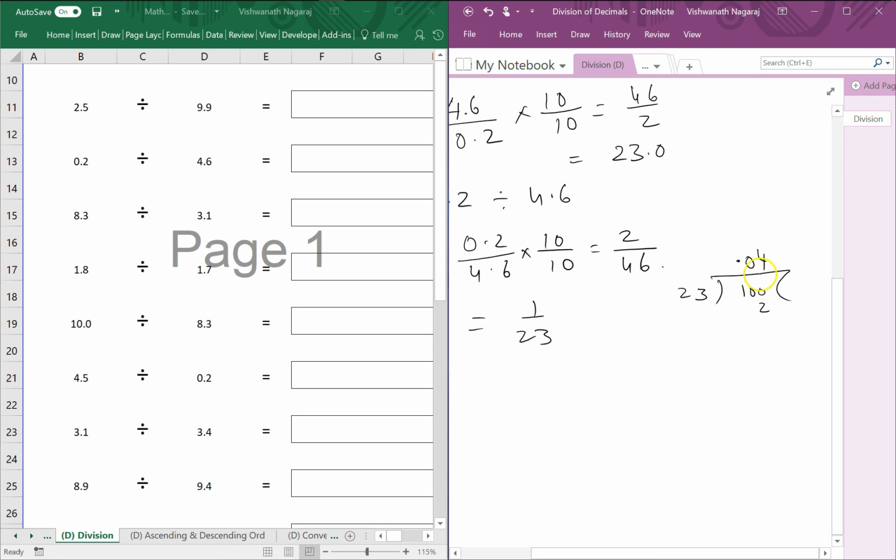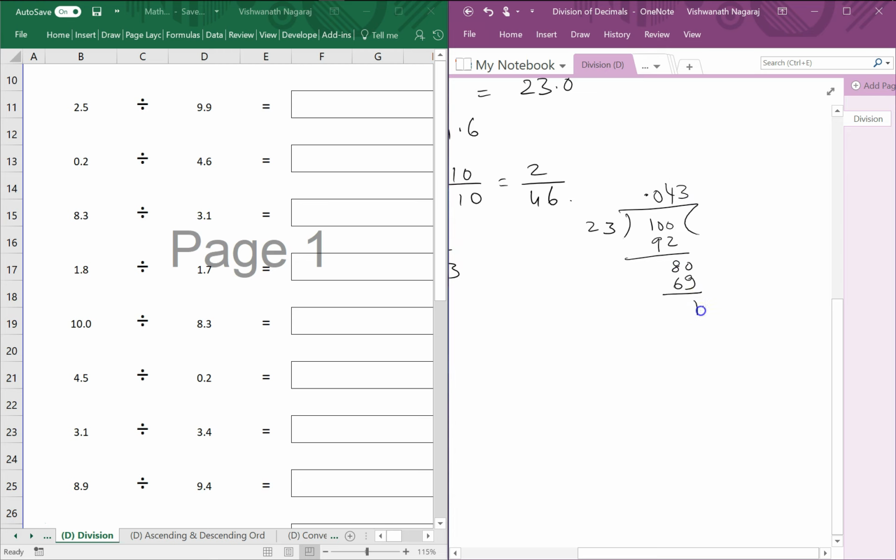4 3s are 12, 4 2s are 8 plus 1 is 9. So 10 minus 2 is 8, 9 minus 9 is 0. So we put a 0. So 23 3s are 9, 3 2s are 6.